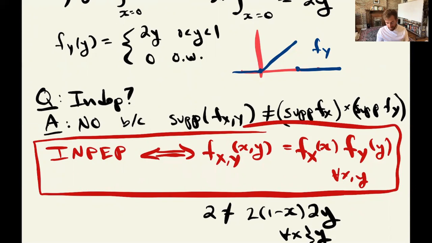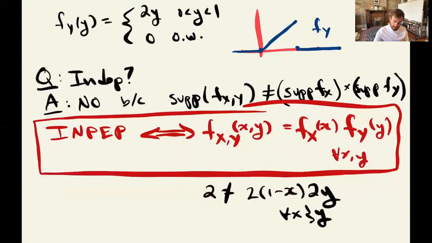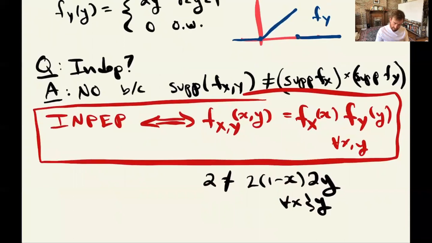In particular, if we were to plug in x equal to a half and y equal to 3/4, we would get 2 times 1 minus a half, and then take 2 times, let's say, 3/4. And what would that give us? Well, a half times 2 is going to be 1, and then we end up getting 3 halves.